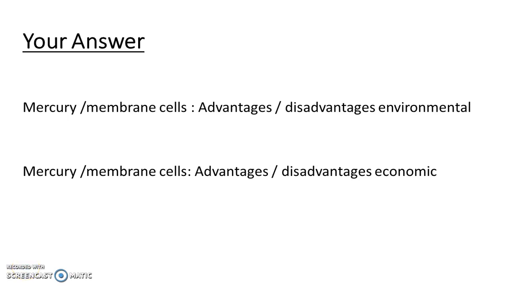So welcome back. Let's have a little look at your answers, or possible answers for this. So mercury versus membrane cells, advantages and disadvantages. Let's start environmentally. Firstly, we know that mercury is toxic, but membrane cells are not. So obviously being toxic can really cause harm to the environment.